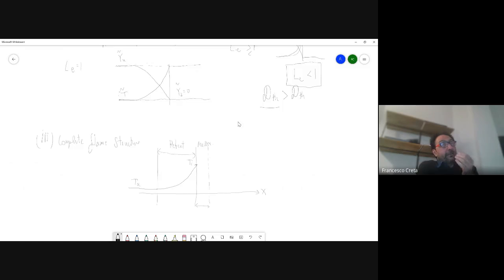So this is an activation or ignition temperature, which is high enough so that the reaction rate is, let's say, non-zero. So in here, the reaction rate, omega, is 0. Here, it's clearly non-zero. And this temperature is quite close to the final temperature, so we're going to draw it quite close to TB.